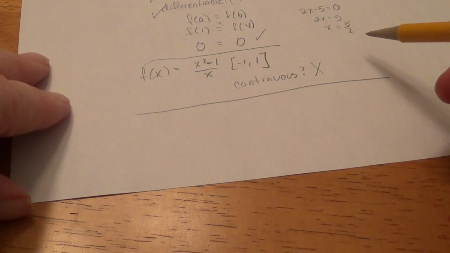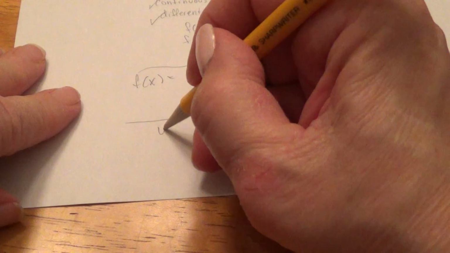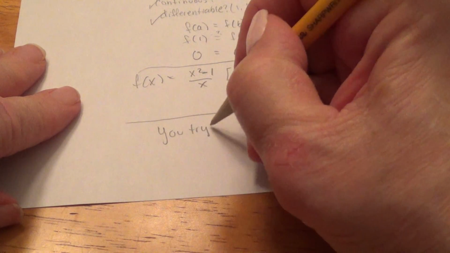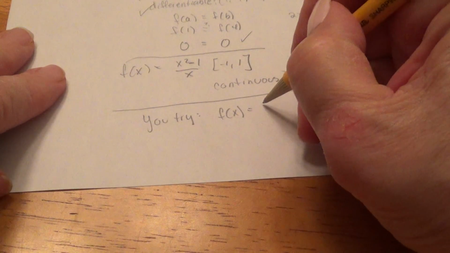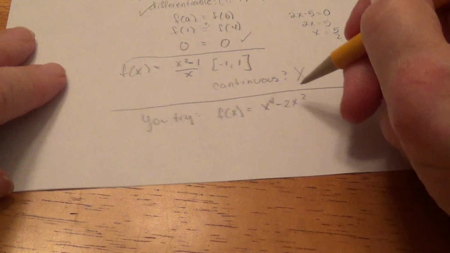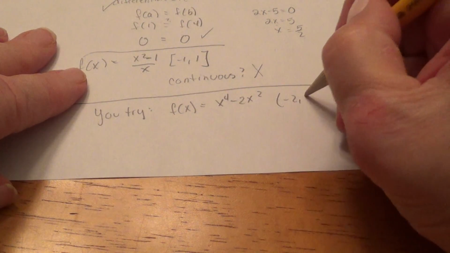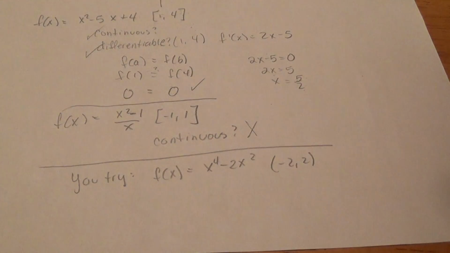And let's see if you can try one. You try this one. f of x equals x to the 4th minus 2x squared on the open interval from -2 to 2. I just want you to find out if Rolle's theorem applies. So answer, is it continuous?